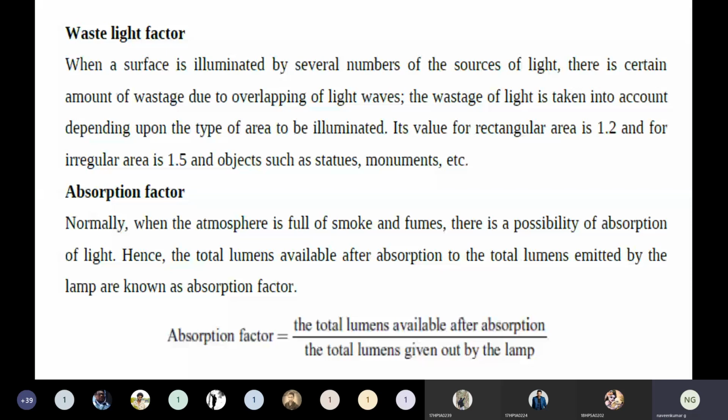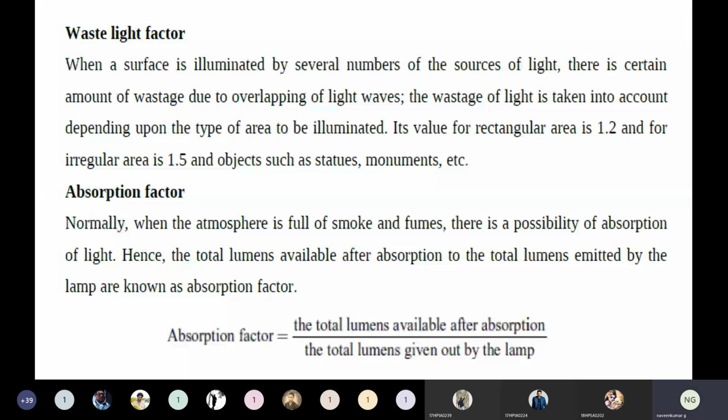It is used usually for illumination based upon aesthetics, illumination of monuments, national monuments, statues of importance, illumination of high-rise buildings, suspension bridges, railroads, rail tracks, normal crossover bridges, footover bridges, etc. Its value for rectangular surfaces or rectangular areas is 1.2, and for all irregular objects like statues, monuments, architectural structures, you will have it as 1.5.